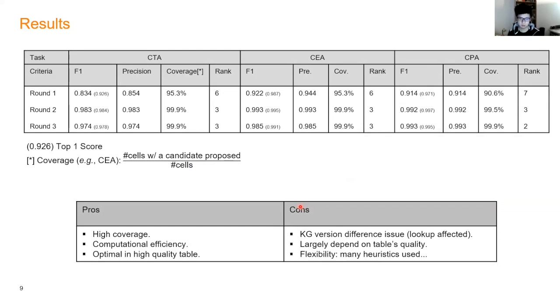For pros, first of all, we have high coverage and our calculation is efficient, which means that we can apply it in a distributed system and it is optimal for high quality tables. But for cons, we suffer from KG version difference issues, and our algorithm largely depends on table quality. And we also have problems with flexibility.